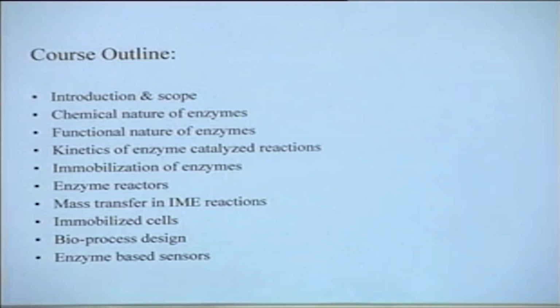We will go into the functional nature of enzymes, enzymes as a catalyst, what makes them such an efficient catalyst, what are the factors that are responsible for their deactivation, what are the approaches that are available for stabilizing the enzymes, what is the role of active sites or ligand binding sites on the enzymes. Those issues will be dealt with in functional nature.